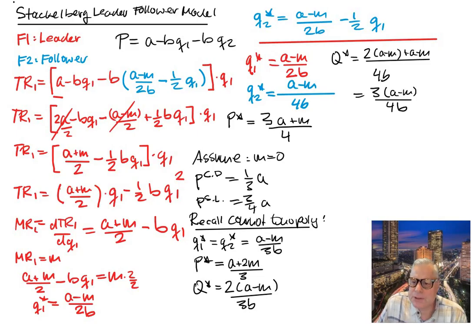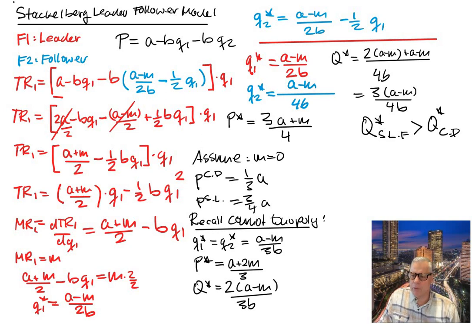So let's double check again, so the total quantity in the Stackelberg leader-follower model is greater than the total quantity in the Cournot duopoly, because 3/4 is obviously more than 2/3. And let's double check again the price. I think I did something wrong here.